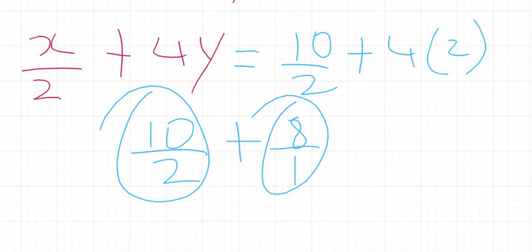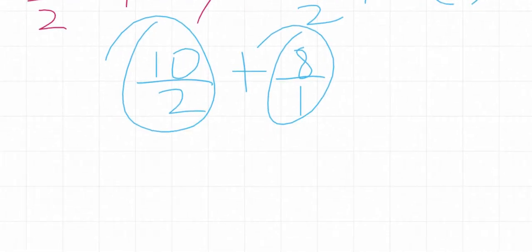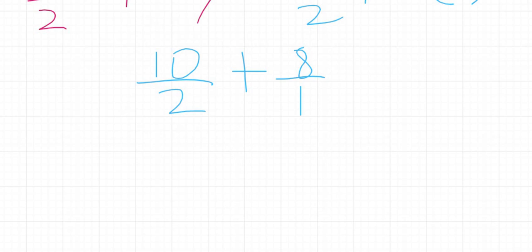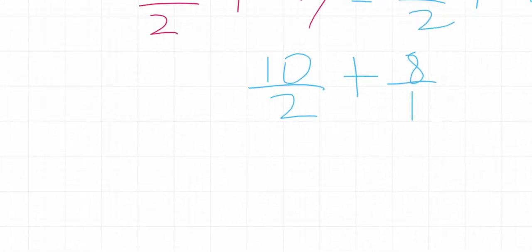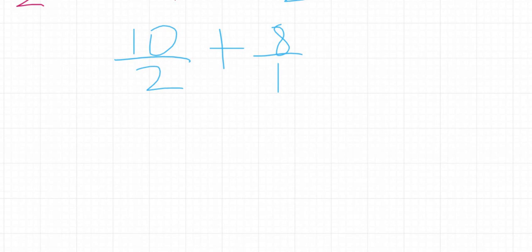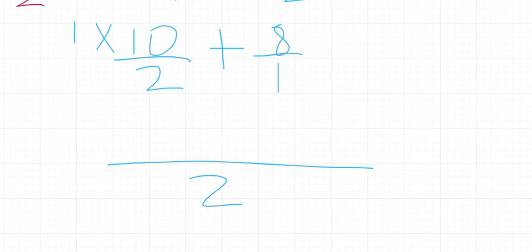So let us look at it and see how it works. Or we could just work it as a regular fraction. We could find the LCM of this fraction. The LCM is 2. So 2 into 2 goes 1 time, 1 times 10 gives us 10.